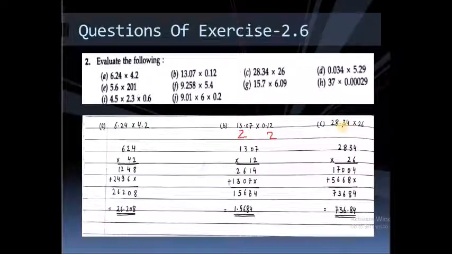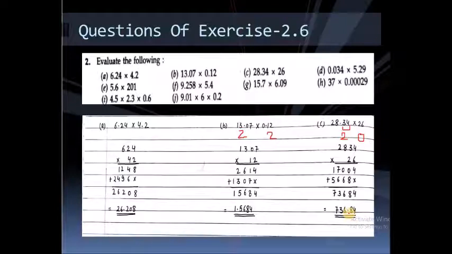That means I have two digits after the decimal point, right? And here no decimal point is there, so the number of digits after the decimal point is 0. So in total, there should be two digits after the decimal point in the answer. So in the answer I will leave two digits from the right and put my decimal point.